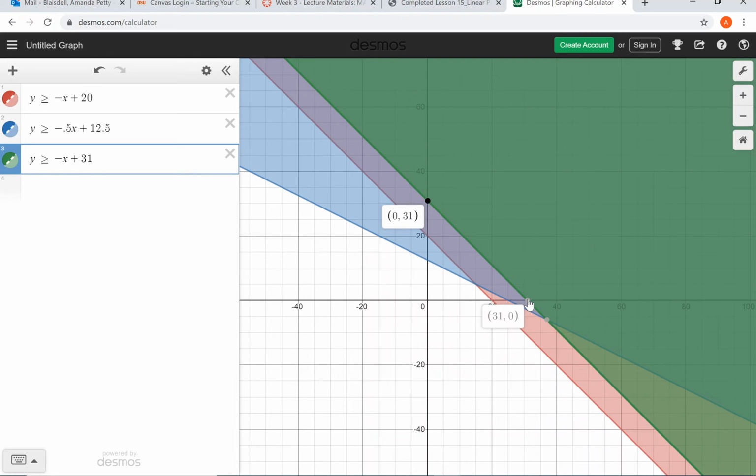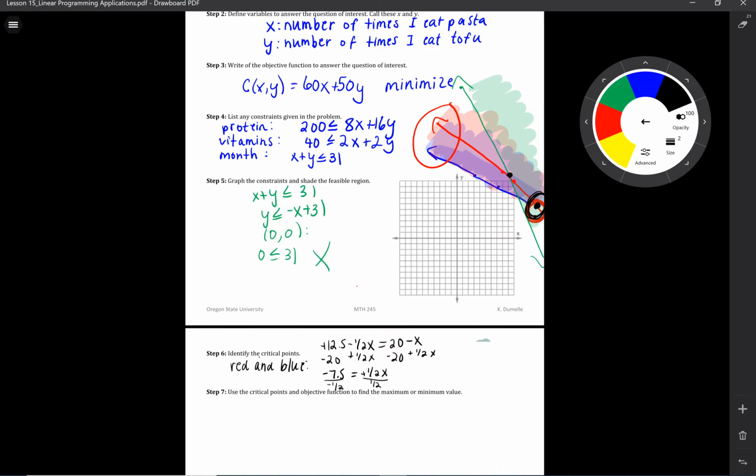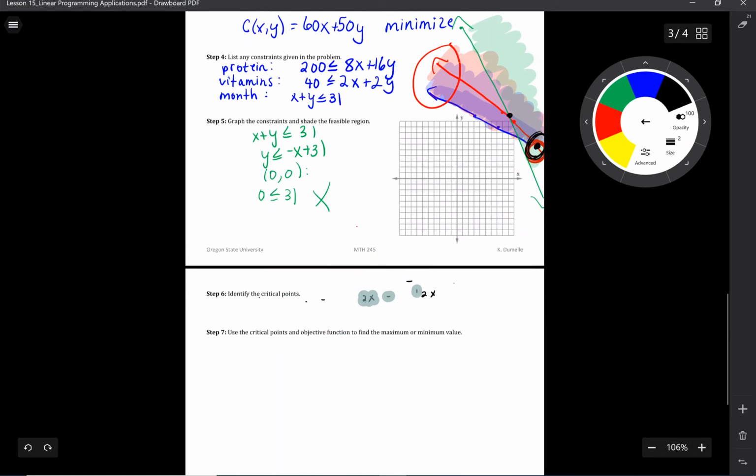So let's test each of these critical points: 0, 31 and 31, 0. My objective function was C of x, y equals 60x plus 50y, and I wanted to minimize this.